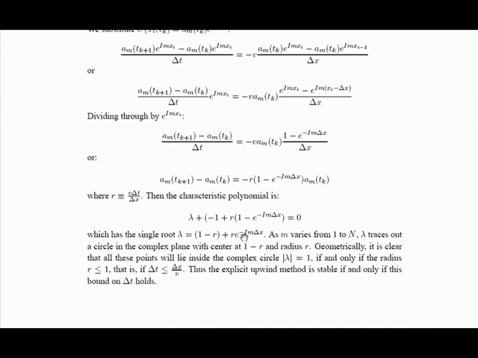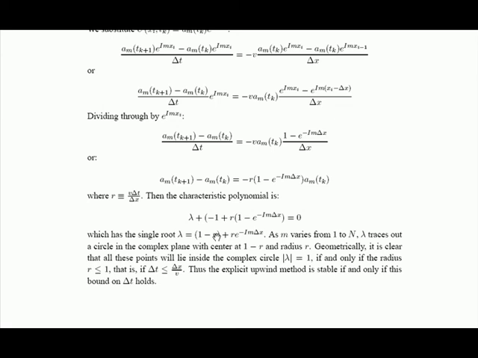This e to the i times a real number, remember, is always a complex number of absolute value 1. So as m goes from 1 to n, lambda traces out a circle with center on the real line at the point 1 minus r and radius r, because this e^{i theta} term always has absolute value 1. So lambda is always distance r from the center 1 minus r.